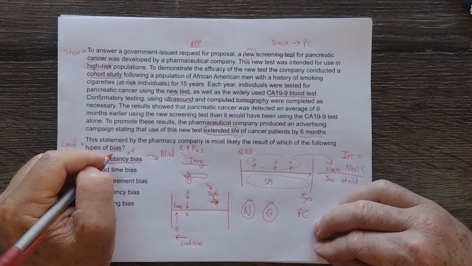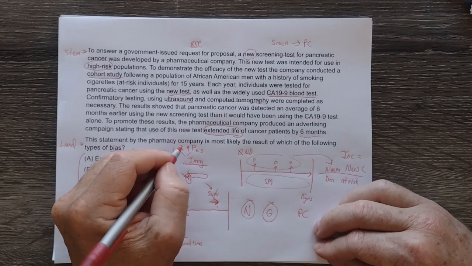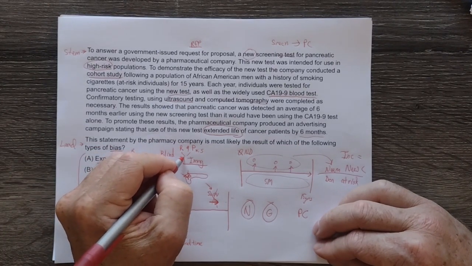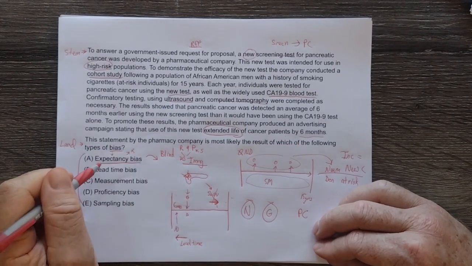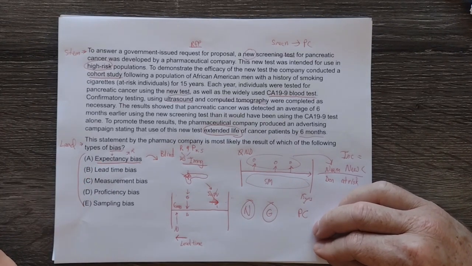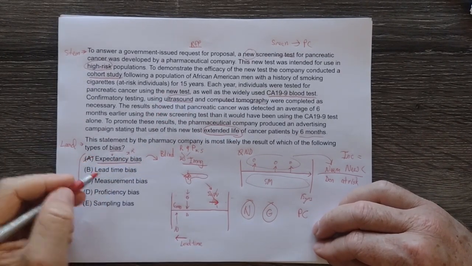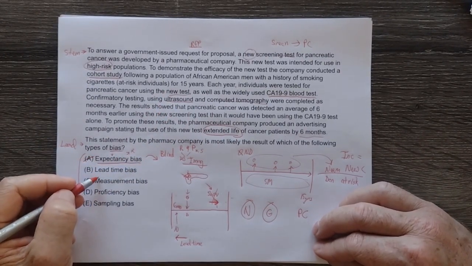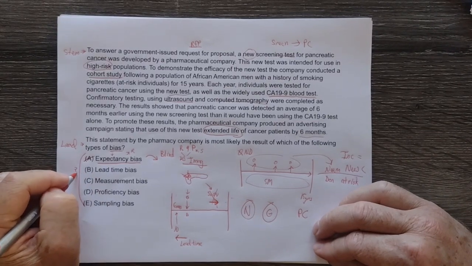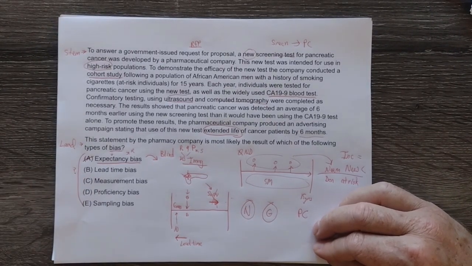We can then initiate expectancy bias. So we like to do double blinding, and that helps eliminate expectancy bias. But are we talking about expectancy bias here? No, we are not. Oh, there's lead time bias. So this I actually like as an answer. So we'll keep that there.